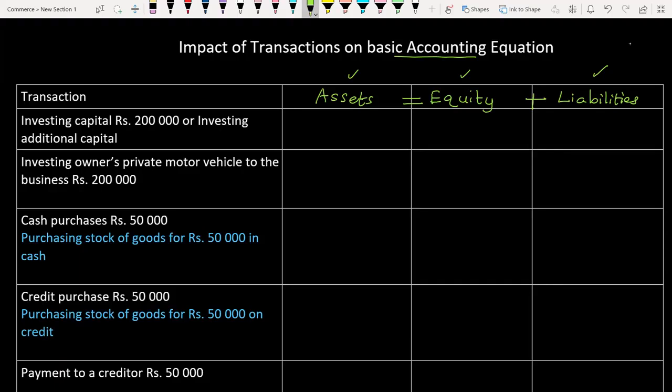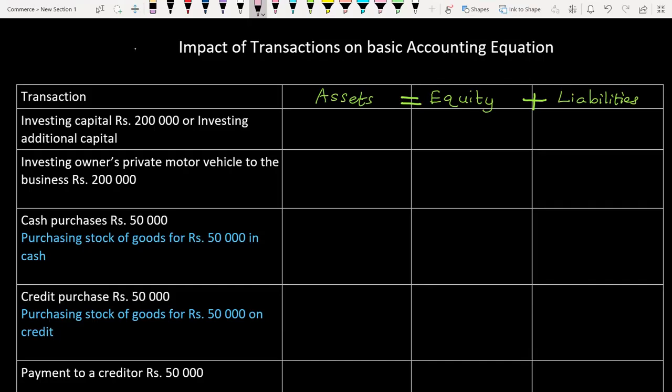There can be an impact to assets and equity, maybe an impact on assets and liabilities, or sometimes two impacts on assets. Now I'm going to use 20 transactions and show you how transactions impact the basic accounting equation.